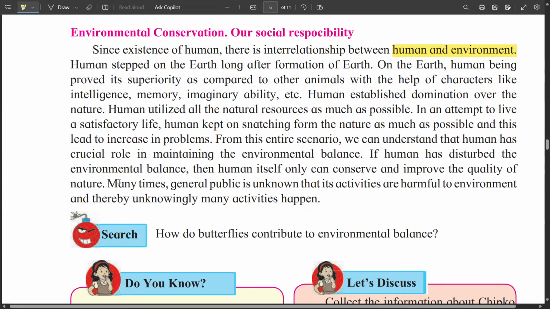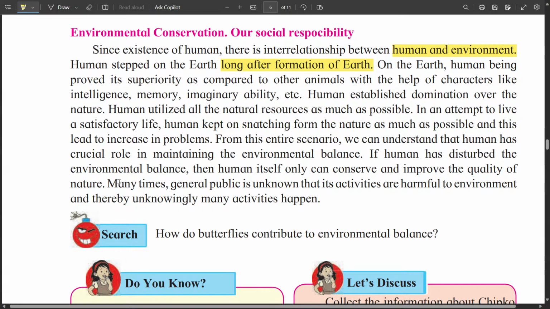Humans stepped on the earth long after the formation of earth. We have seen in the evolution chapter that life started on the earth 350 crore years ago, and Homo sapiens entered the earth only a few lakh years ago.